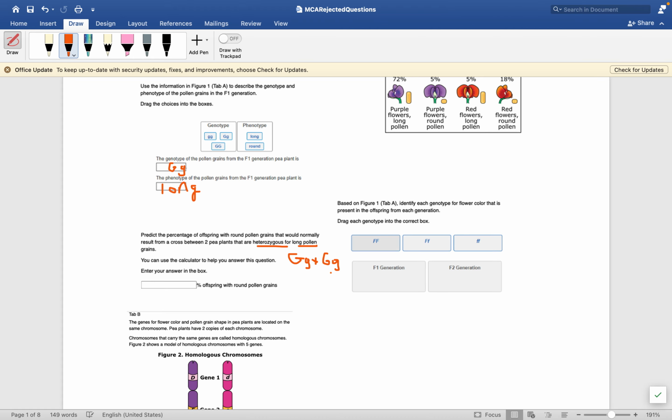If I set up a Punnett square and fill it in, round is going to be the recessive. That one's going to be long, that one's going to be long, that one's going to be long, and then 1 square out of 4 will be round, so that is roughly 25%.